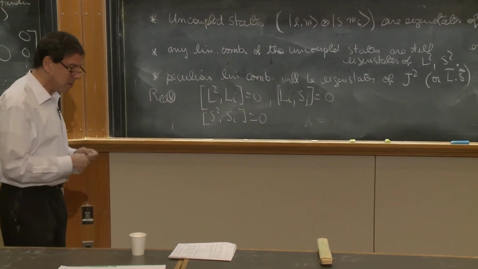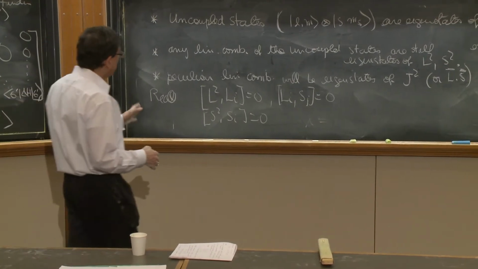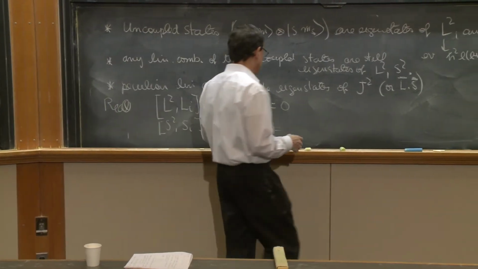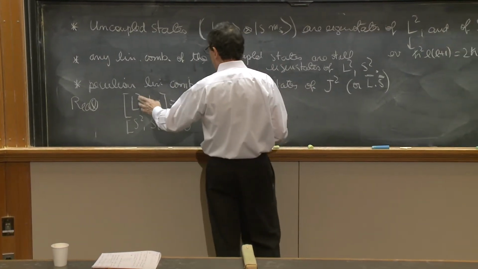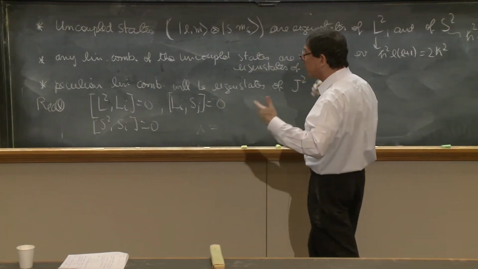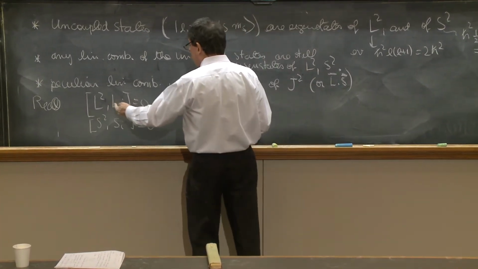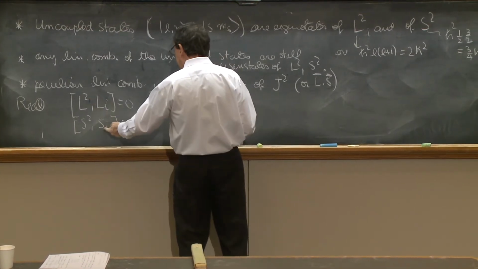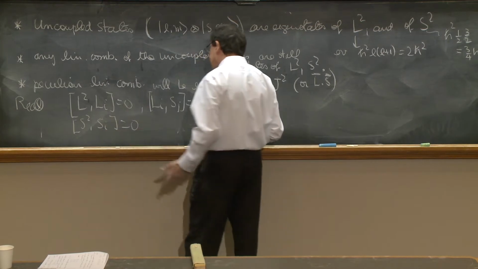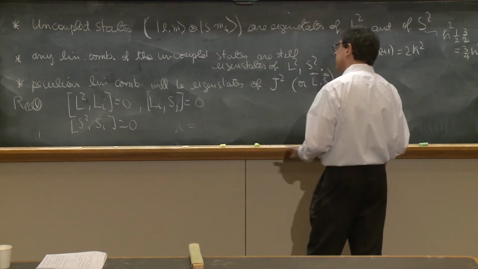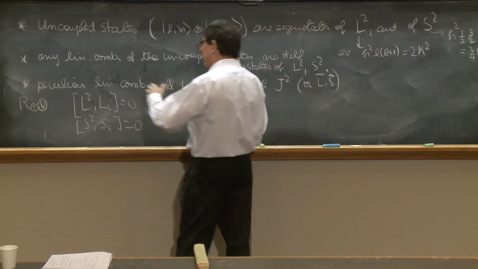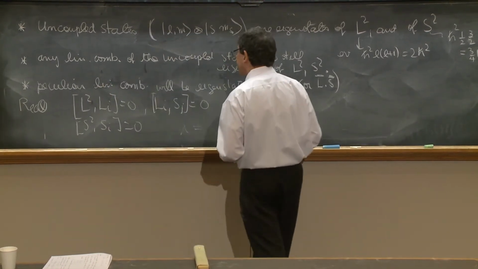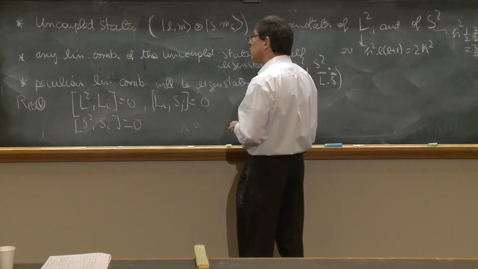So they commute. Something nice to think about: L squared is called the Casimir operator. It commutes with everything. Why? It commutes with L_i, it commutes with S_i's. So it commutes with anything that is built with L and S. It will not commute with things that are not rotationally invariant, but it will commute with any L_i or S_i operator or thing constructed from them.